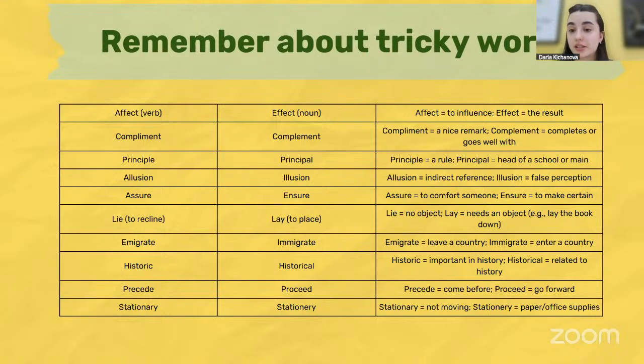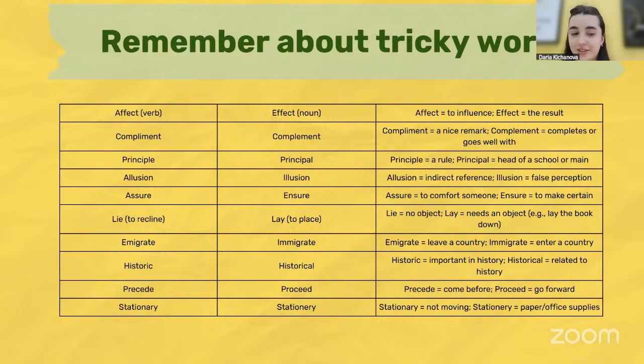So it is like to make somebody feel better and to calm them down. And ensure, it is when we have some project, and you want to make it correct, and you say ensure, so to make certain. So please, you can take some notes if you need.